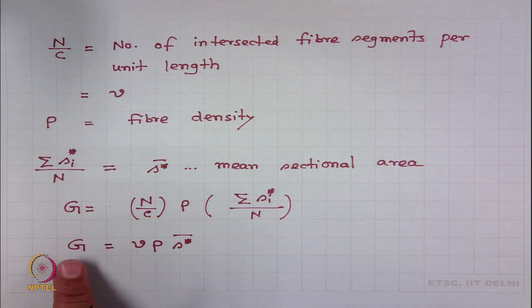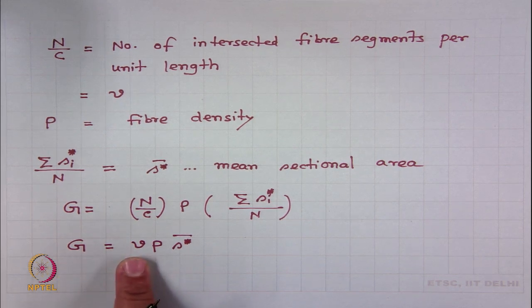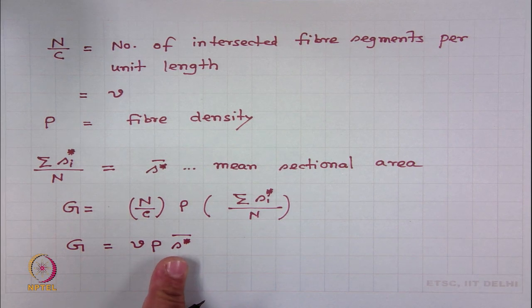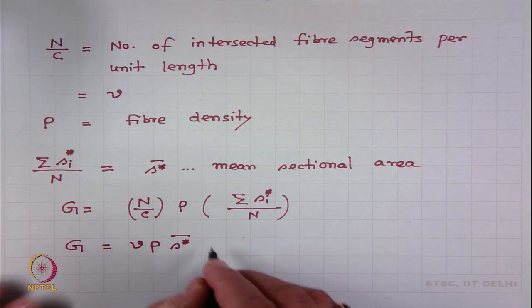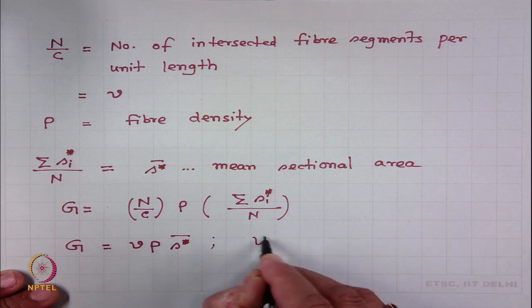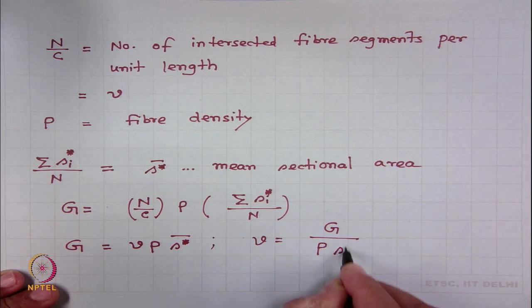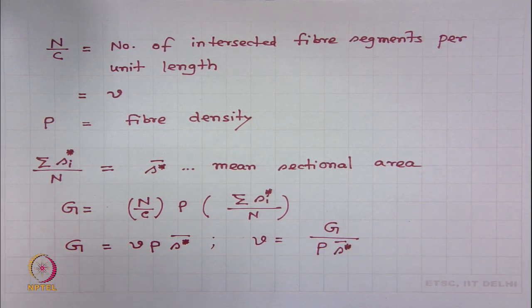So, mass per unit area capital G is equal to the number of intersected fiber segments per unit length, into the density of fiber, into the mean sectional area. So, if we rearrange this expression by rho into S star bar, let us further work on this expression to get some interesting information.